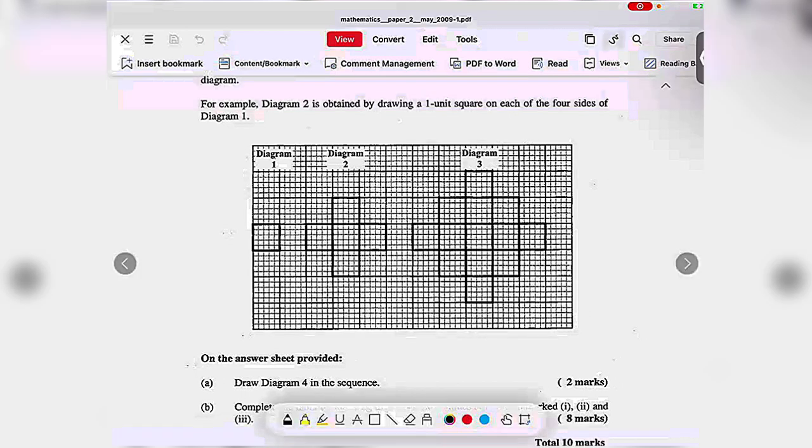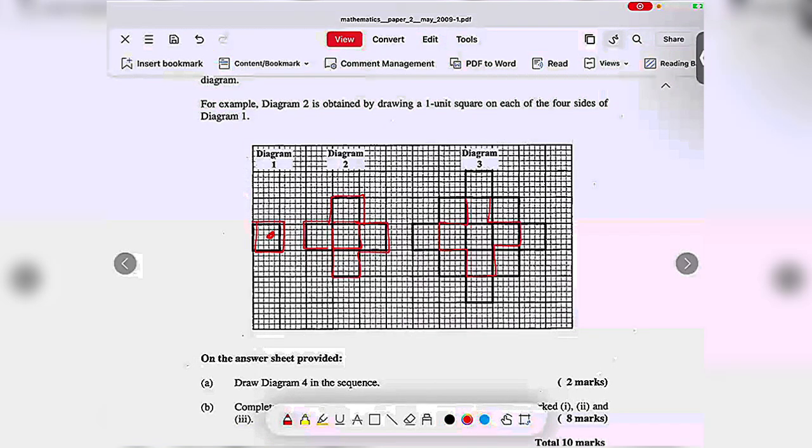So it's kind of easy to pick up the pattern here. You can see right away, just by observing, we have a square here, and this square is this very same square right here. What they've done is draw one above it, one to the side of it, one below it, and one to the other side to form diagram 2.